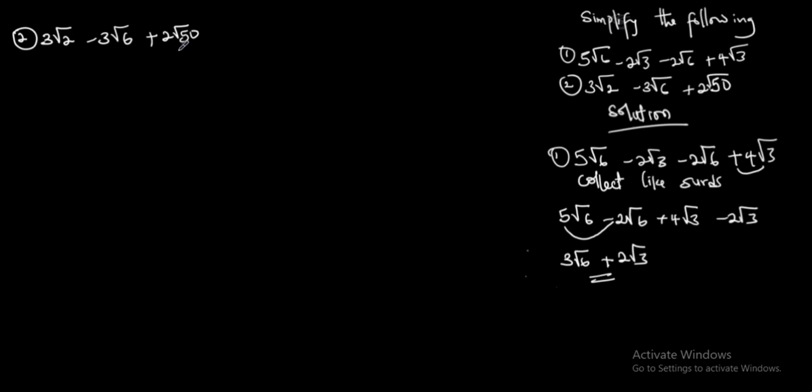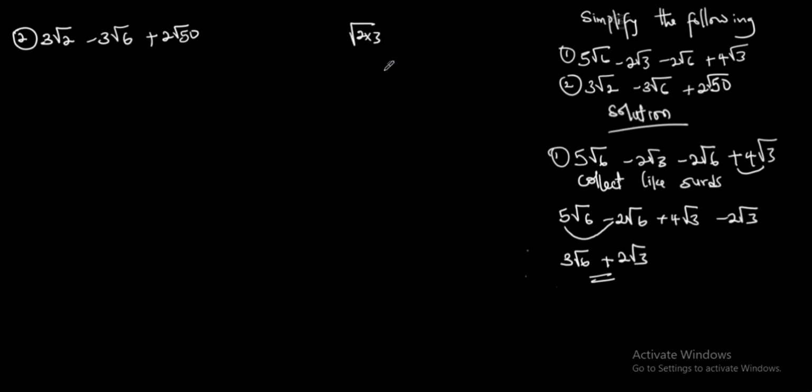But before you conclude, you must ensure that none of the surds is simplifiable. Now, if you look at root 2, you can no longer simplify it. Look at root 6, you can no longer simplify root 6 because 6 is the same thing as 2 times 3. You can only simplify if there is a pair.